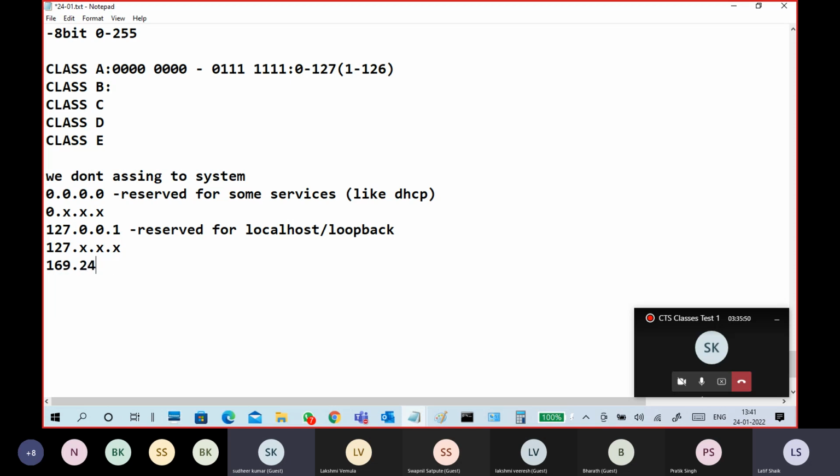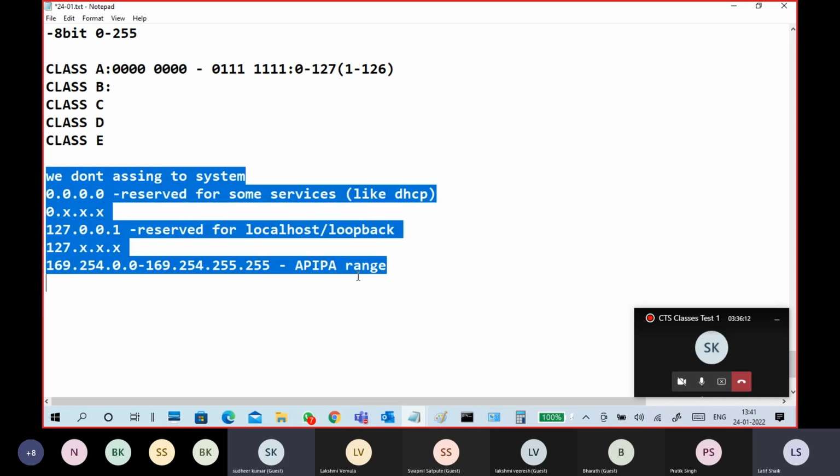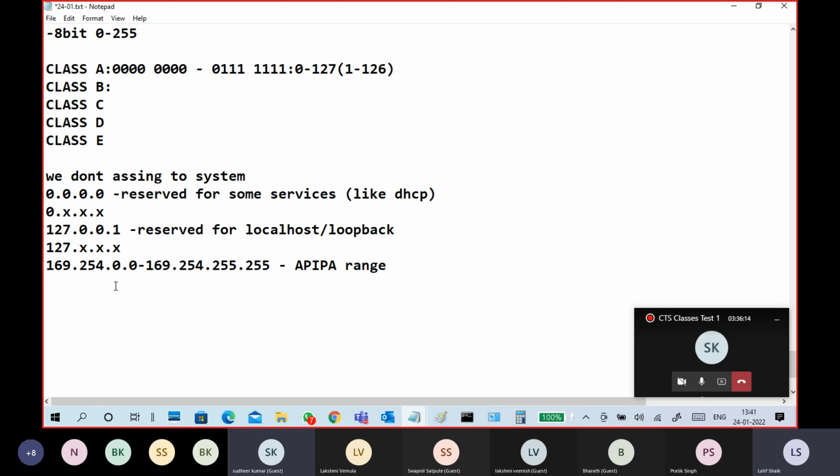The 169.254.0.0 series is the APIPA range, automatic private IP address, and we don't use it. We don't assign these IP addresses directly to our systems.